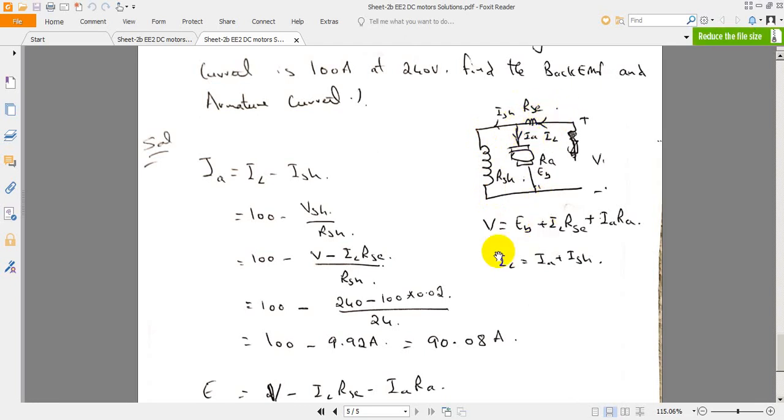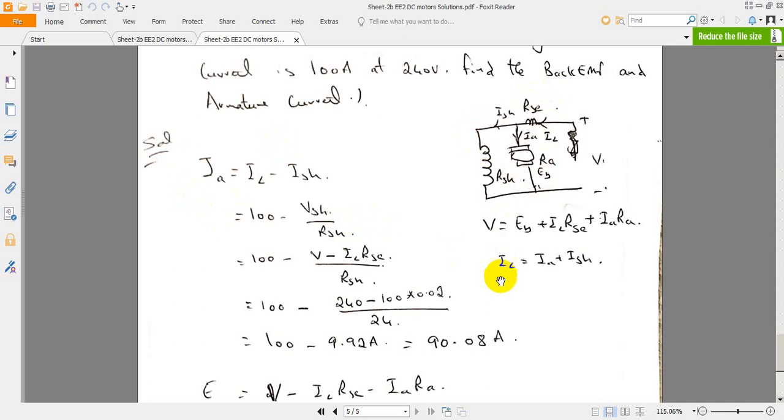Let us apply Kirchhoff's voltage law and analyze this circuit. We are giving supply voltage V, because of which current IL flows and gets divided into IA and ISH. Previously IA was equal to ISC, whereas now the current flowing through the series field is the line current. ISC is equal to IL. There is a difference now.